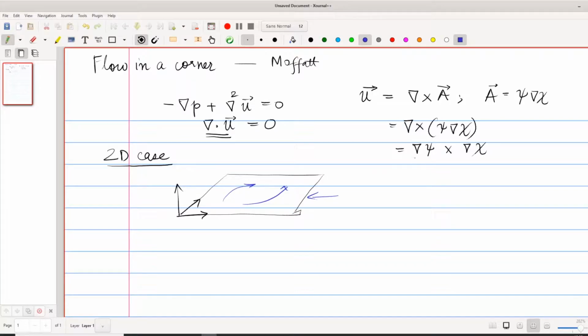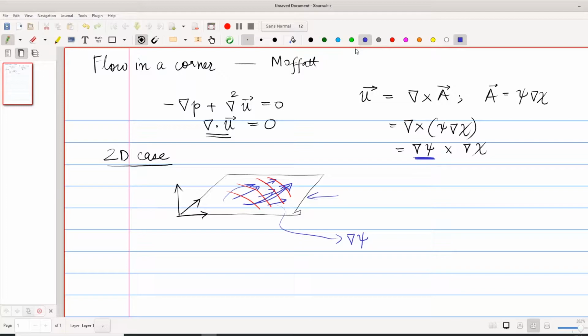So, grad psi must exist as a vector in this plane. These are the vectors of grad psi. The gradient of psi is a vector. Iso psi lines will be something like this, and the gradient is normal to all the lines and is a vector which points in that particular direction.